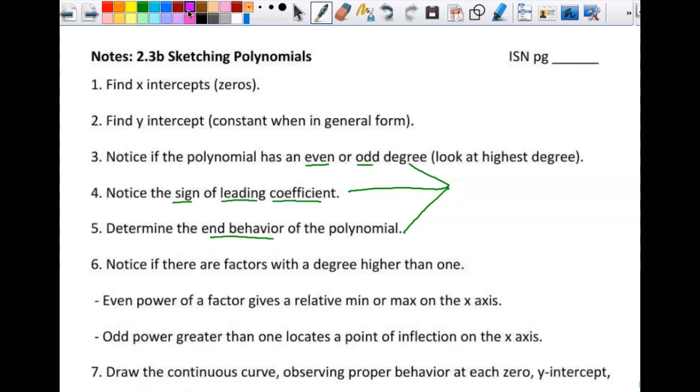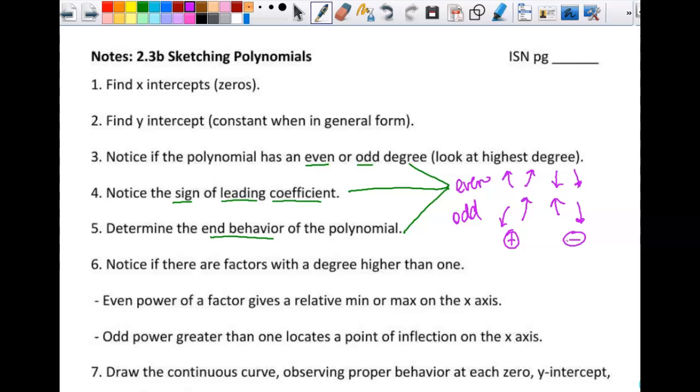When it says even or odd, so we have even and we have odd, the even is either going to be up, up, or down, down, depending on whether it's positive or negative. And the odd is going to be either down, up, or up, down, depending on whether it's positive or negative. Okay?